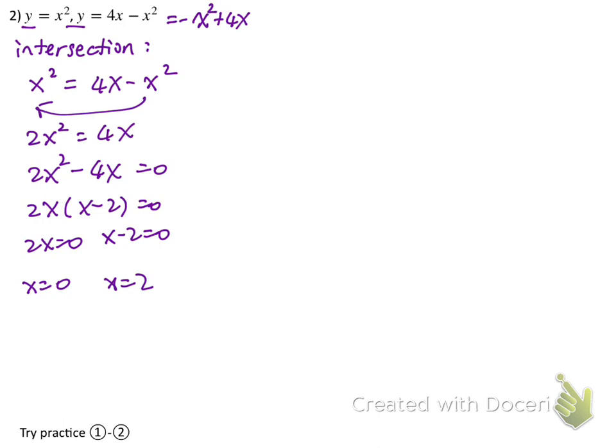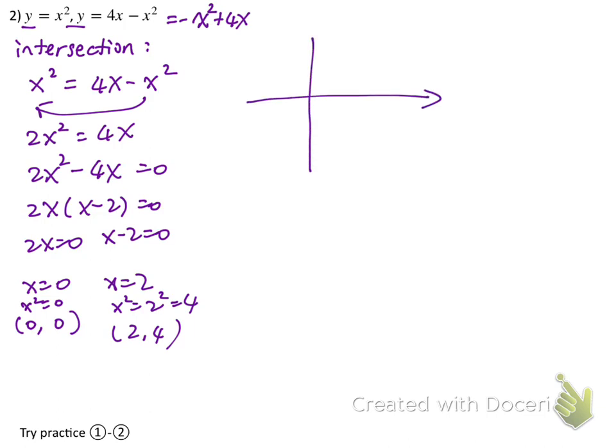And when x equals 0, this is 0, 0, because it's x squared. And when x is 2, x squared will be 2 squared, which is 4, so 2, 4. These are the 2 points where the two graphs meet each other. So we have 0, 0 and 2, 4 here.